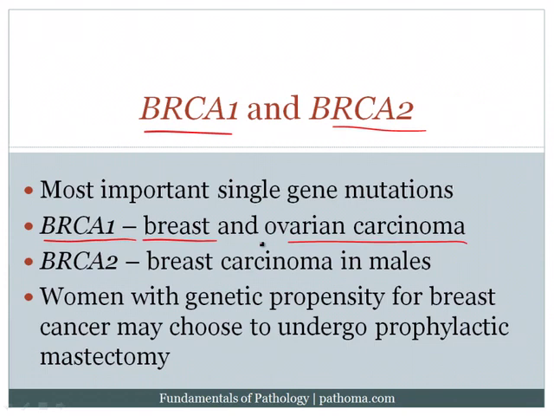Number one, in breast cancer, there's an increased propensity for medullary carcinoma of the breast. Remember that discussion that we just had a few moments ago. Now, medullary carcinoma is not the most common type of breast cancer in these particular individuals. However, there is an increased propensity compared to the normal population.